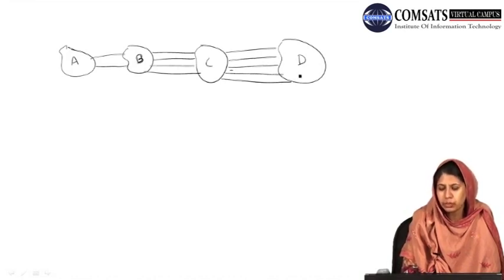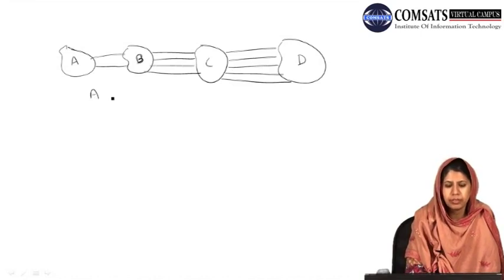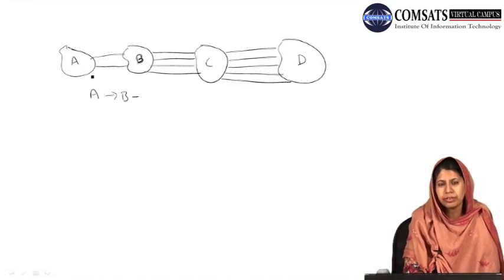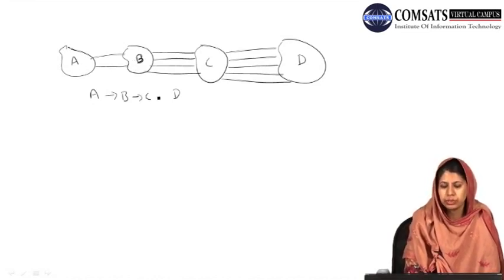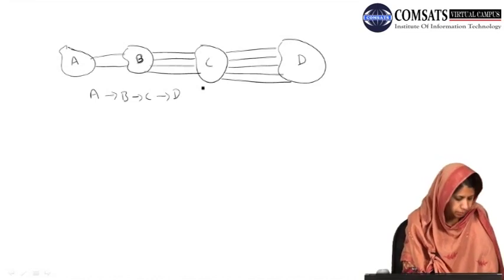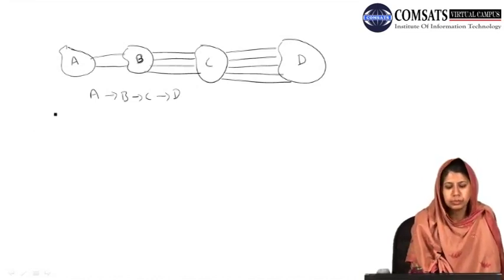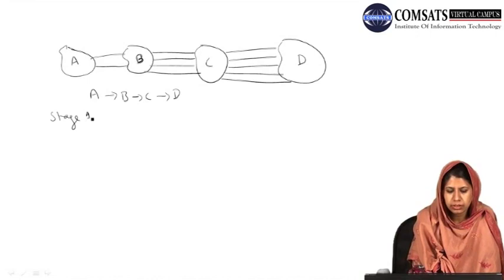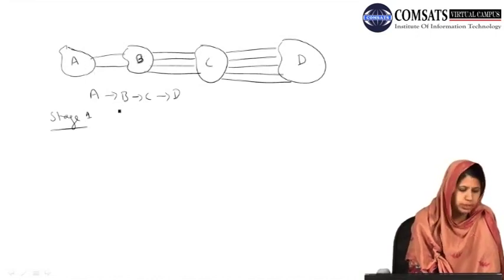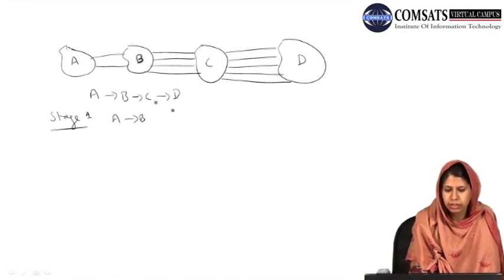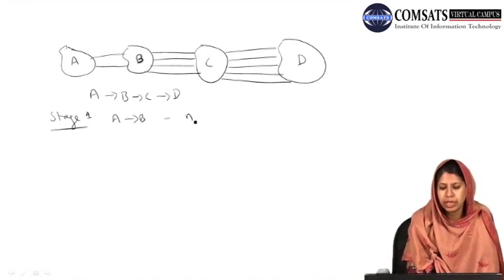And we are interested in knowing the number of possible outcomes when we are traveling from city A to D, in the order of going A to B, then B to C, and then C to D. Okay, so our first stage is the number of possible outcomes going from city A to B. In this case, the number of possible outcomes n1 is equal to 2.